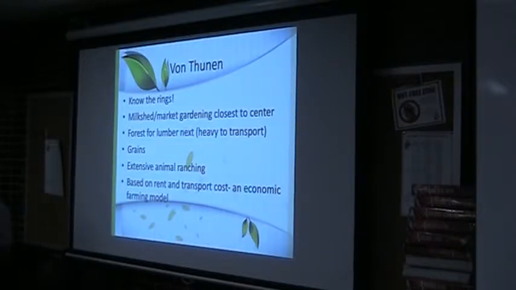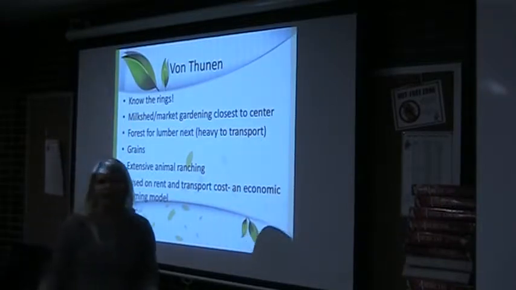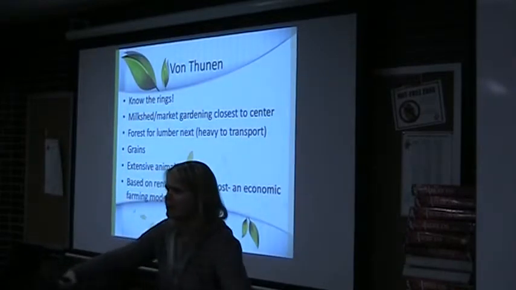Other than land value, Von Thünen is also about recognizing transport cost. Animals can walk themselves to the market, so they can be furthest away because there's essentially no transport cost. Grain, very easy to transport. You just stack it up.